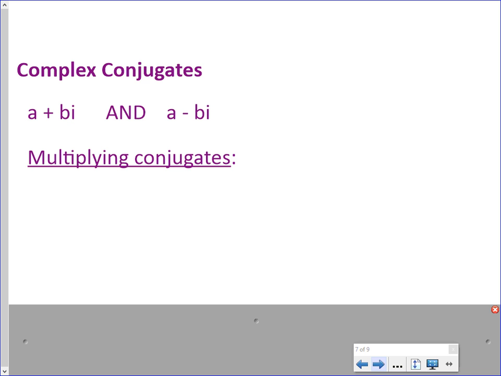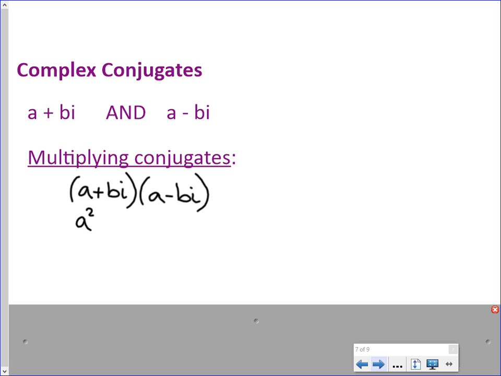So let's take the two conjugates, a plus bi times a minus bi. Those are conjugates, and this is what you're going to do in the division problems. If I FOIL this out, so distribute and multiply, a times a would be a squared.